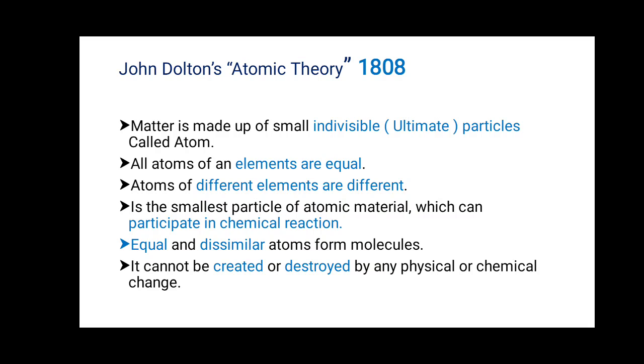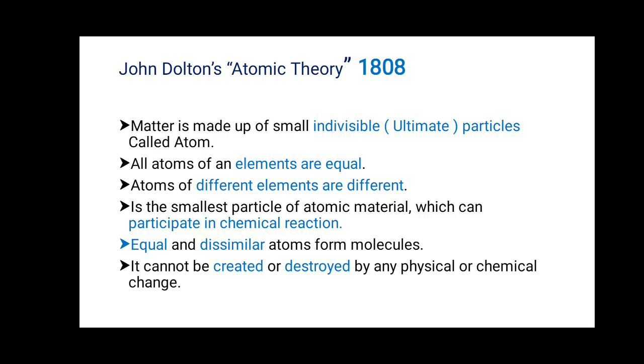This is the theory given by Sir John Dalton in 1808. He said matter is made up of small, indivisible, unbreakable particles, or smallest particles, called atoms. Then all atoms of an element are equal.